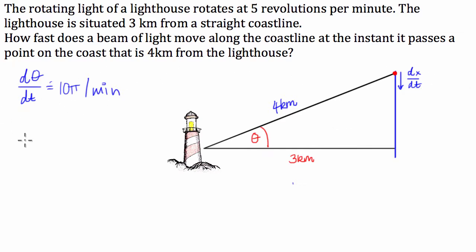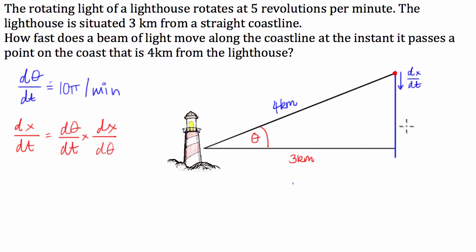And the reason I know that is because I'm going to use this chain rule relation. dx dt is equal to, we've got this one, d theta dt multiplied by, now I need to cancel out my theta, so my denominator is going to be d theta, and my numerator is going to have to be dx, because that's what I need.